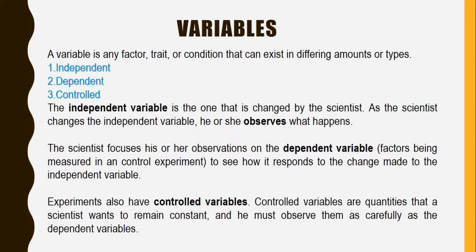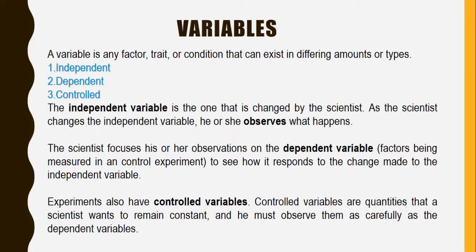Examples of dependent variables could be time, because in that mouse experiment, the experiment is dependent on the time. The amount of caffeine would be the independent variable, and the time of day would be dependent. As we go through examples, we'll point out the independent and dependent variables.